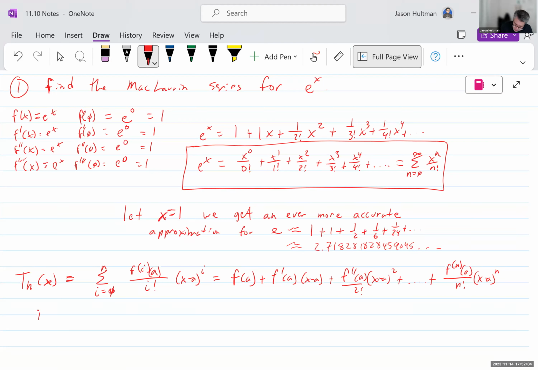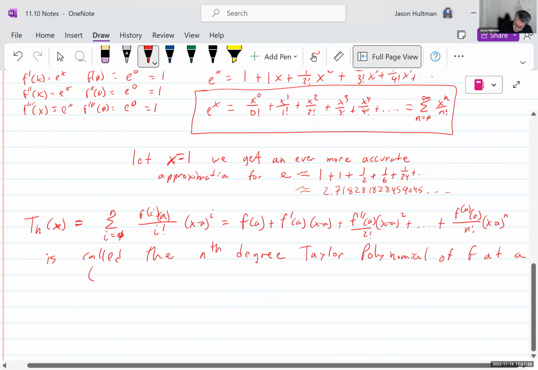So this is called the nth degree Taylor polynomial of f at a.